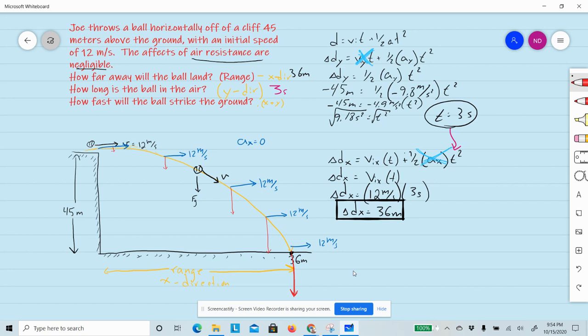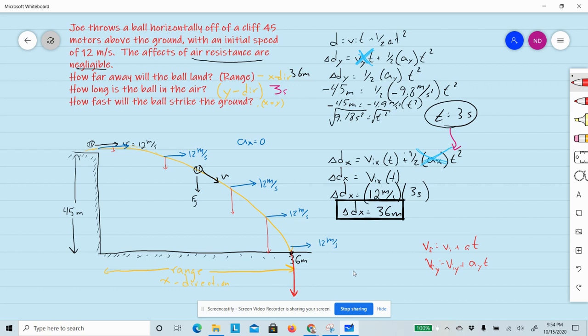What will the downward speed be when it hits the ground? Vf equals Vi plus At. Just like this, we can separate this into Y. The x velocity is just 12. The final y velocity will be the initial y velocity plus the acceleration in the y direction multiplied by time.